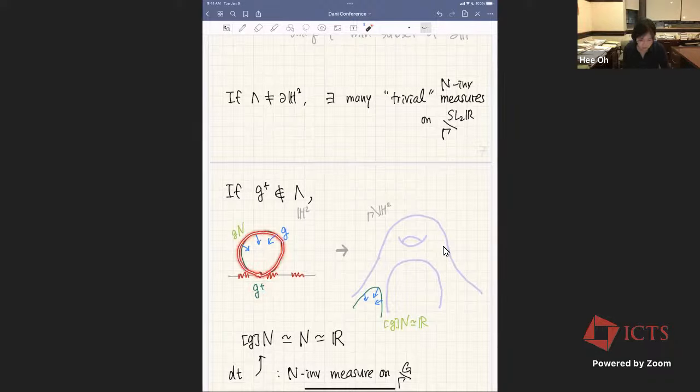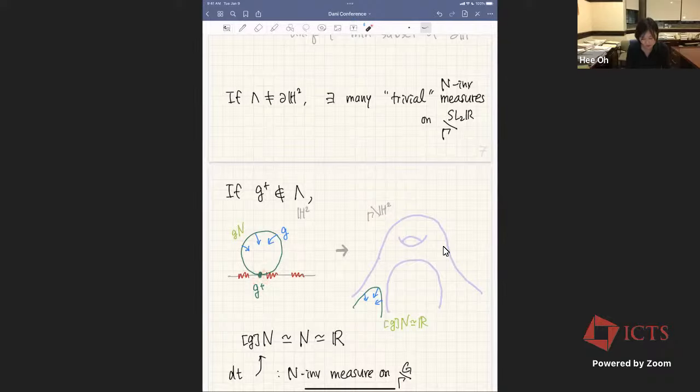Because this horocycle is based outside of the limit set, when you consider the projection of this horocycle under the quotient map H2 goes to H2 mod gamma, the action of gamma is not going to intervene with this horocycle, meaning that the image of this horocycle will again be some proper isometric immersion of the real line. Note that even though this does look like a Euclidean circle, this base point does not lie inside H2.